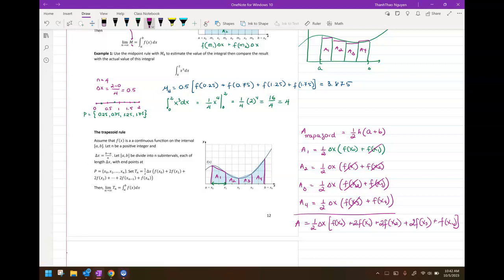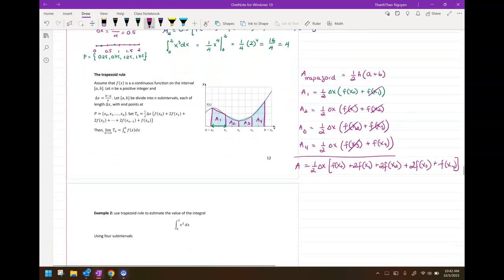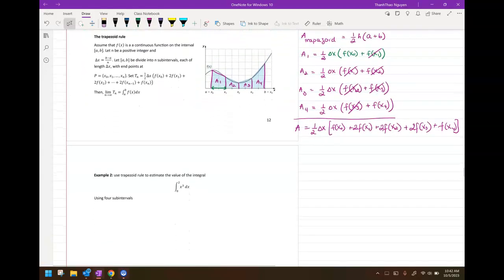Then the area is just the integral: the limit as n approaches infinity is equal to the integral from a to b of f of x dx.